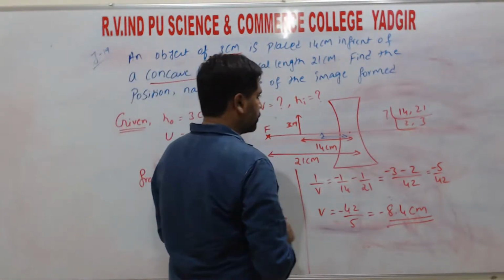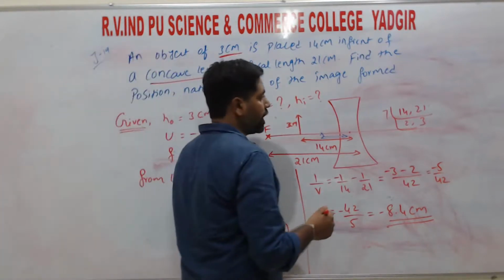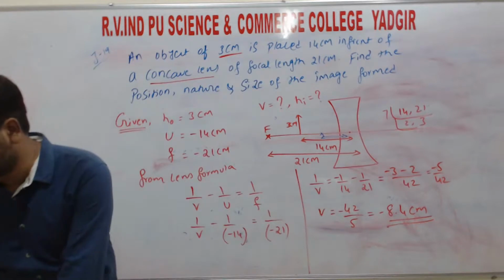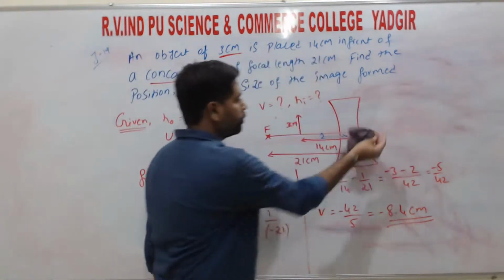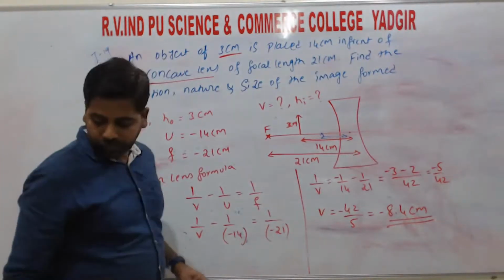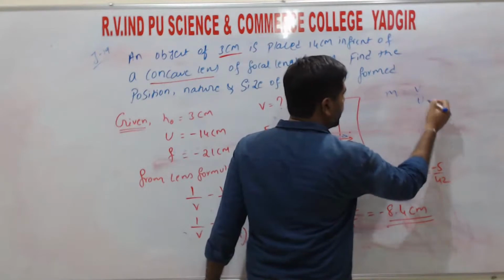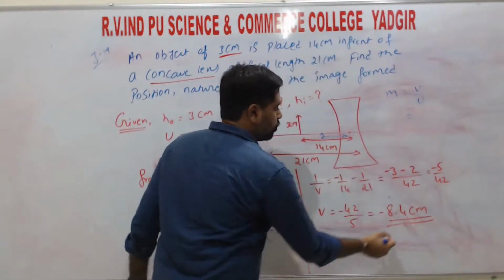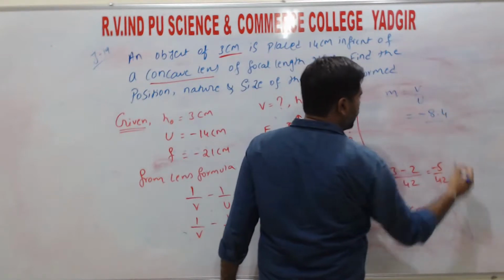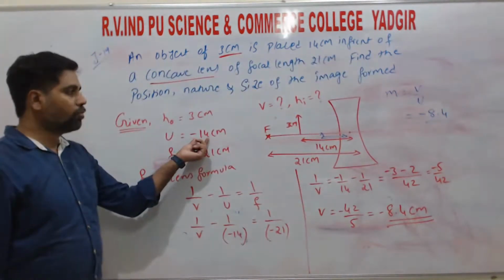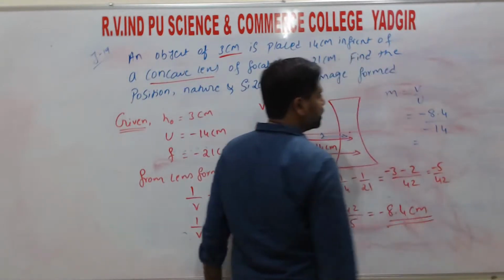Next, we need to find the height of the image. As we know, the magnification m equals v divided by u. So v is minus 8.4 divided by u, which is minus 14.